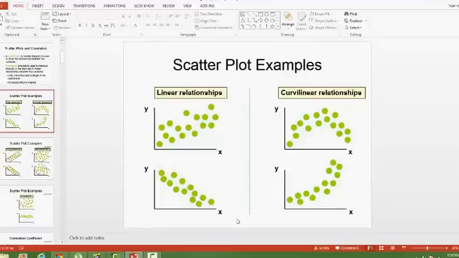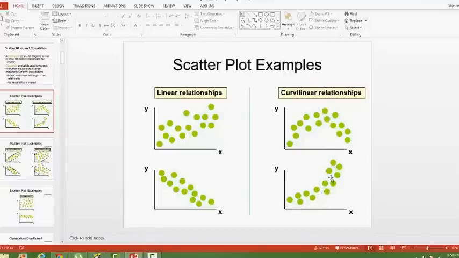Even in the second graph, we can plot a straight line that passes through the points. But here it's very difficult to draw a straight line that passes through all the points. Similarly, in the fourth graph, another way of representing a curvilinear relationship, you can see it increases at a very slow rate, again increases at a very fast rate.